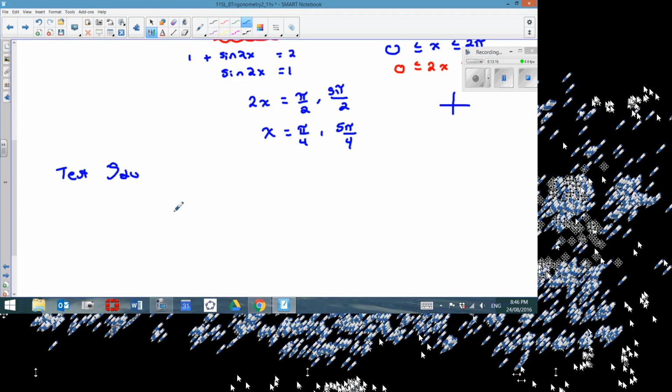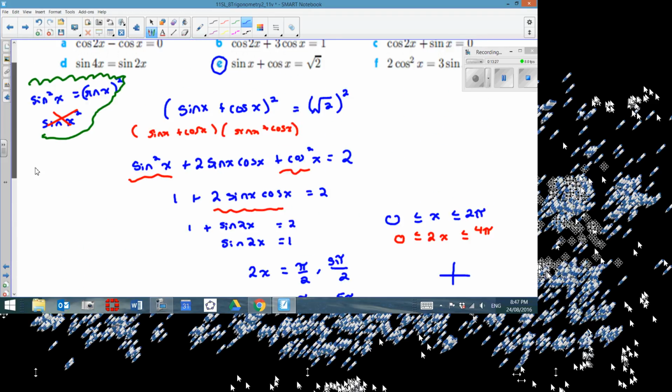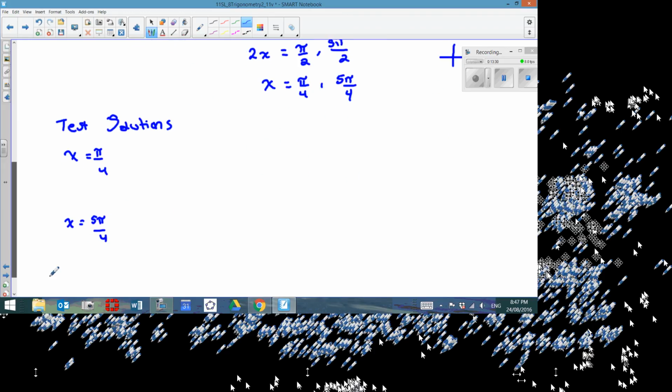All right, and we're going to test our solutions by letting x be pi over 4, and we're also going to let x be 5 pi over 4, and we'll substitute back into our original question, which was just sine x plus cosine x equals root 2. So is that true? Does sine of pi over 4 plus cosine of pi over 4 actually equal root 2?